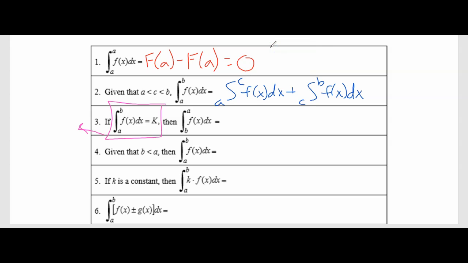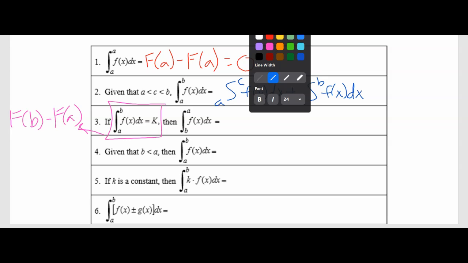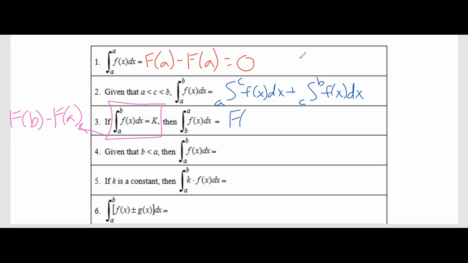Here, this would be equal to f of b minus f of a. Well, if I switch those and do f of a minus f of b, think about what happens when you have a difference and you just reverse the numbers.